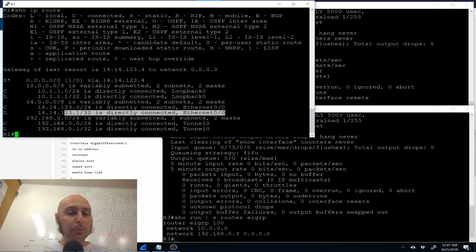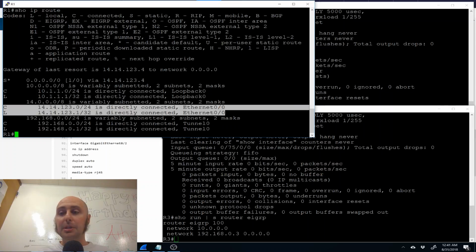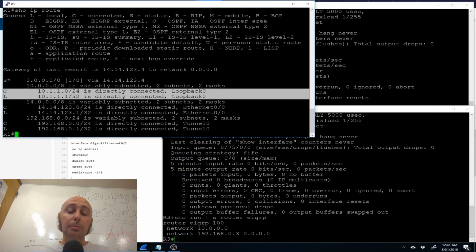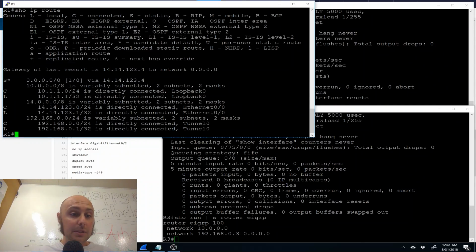Our non-broadcast multi-access link is not participating in a routing protocol, so that'll be via connected only. And the same thing with my simulated LAN interface, which is actually a loopback interface for me. I'm not learning this network 10.1.1.0/24 from the others because my directly connected interface has a better administrative distance than what EIGRP would provide.